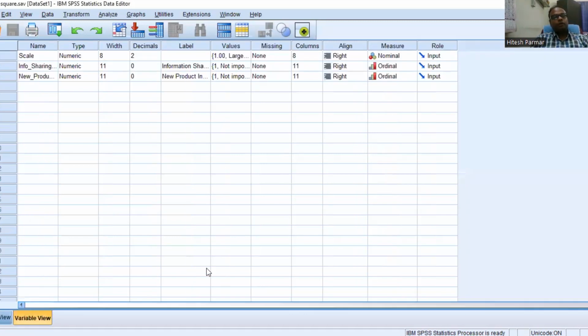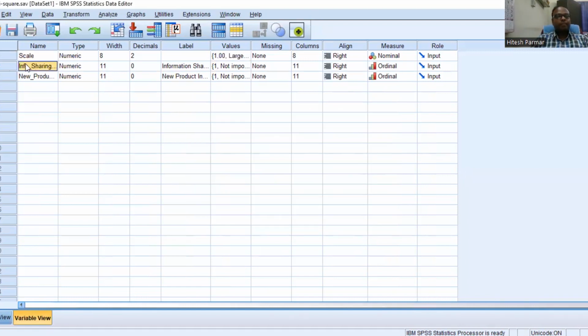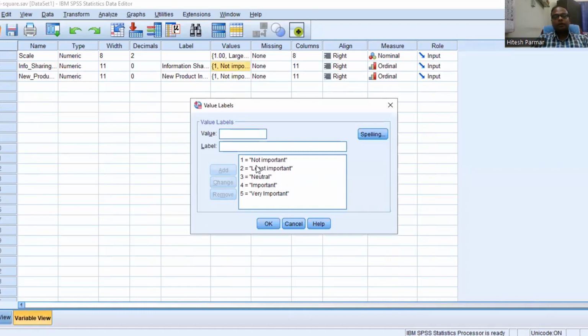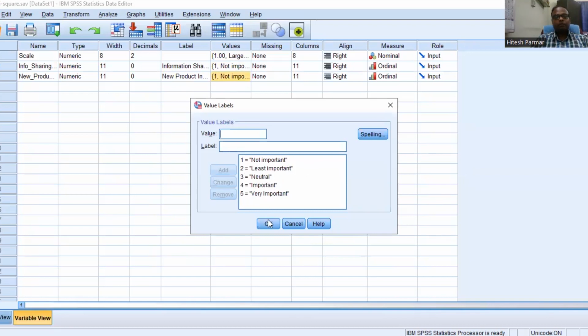If we go into the variable view, scale has values large scale and medium scale, two types of scale. Information sharing with supplier has not important, least important, neutral, important, and very important, a 5-point scale.